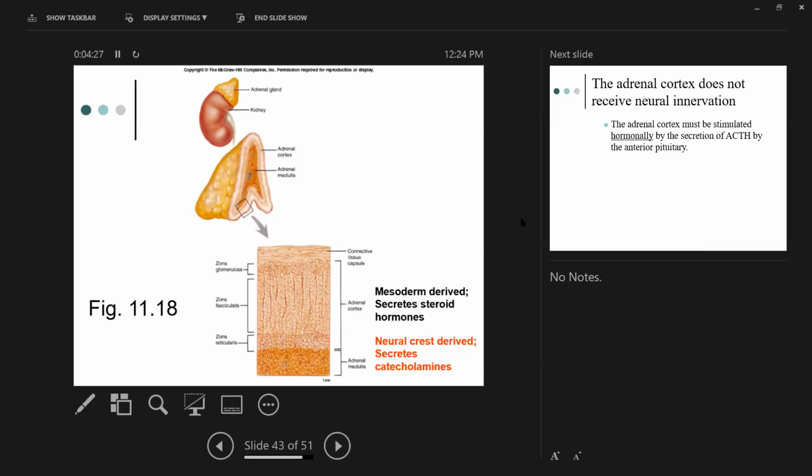So the anterior pituitary is going to secrete peptide hormone, adrenal corticotropic hormone. That's one of the trophic hormones made by the anterior pituitary. And it will then signal to the cortex. The cortex is organized into these 3 layers.